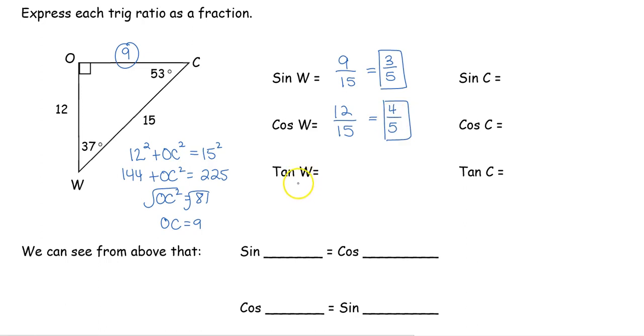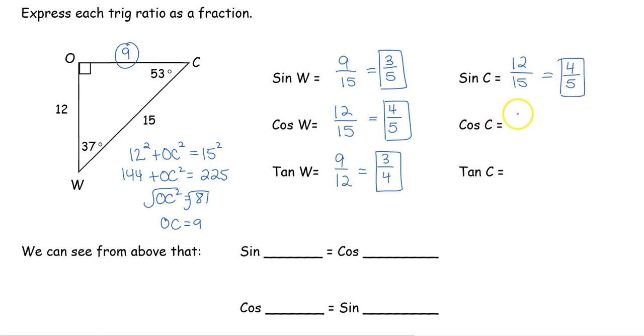The tangent of W, so here's again W is my reference angle. Tangent is opposite over adjacent, giving us 9 over 12. Reduce all those by 3, giving us 3 over 4. Tangent of W. So for the next row, we're going to switch reference angles. So instead of referring to angle W, we're going to go from C. So sine is opposite over hypotenuse, giving us 12 over 15, reducing down to 4 over 5.